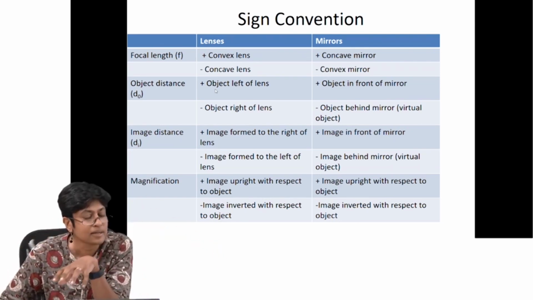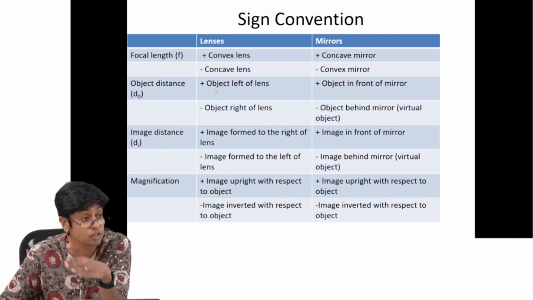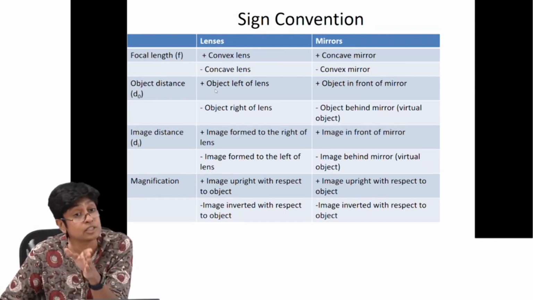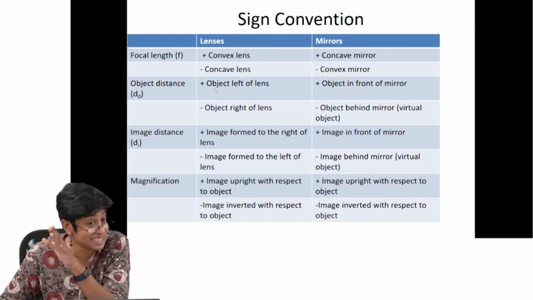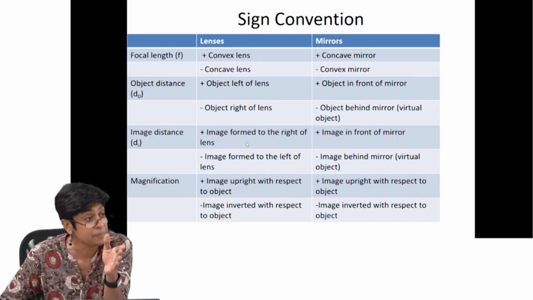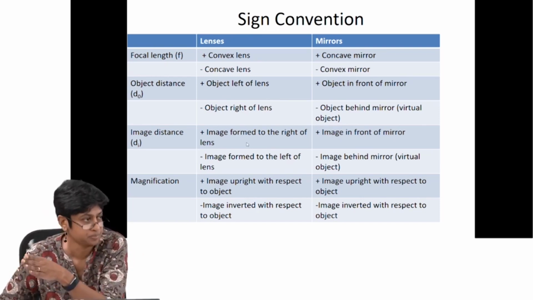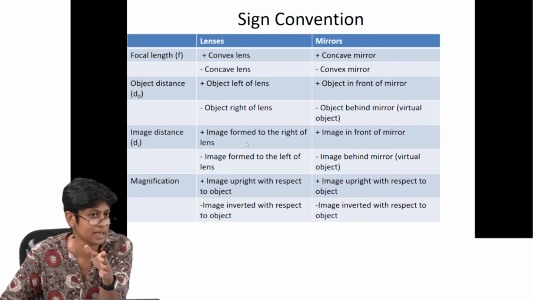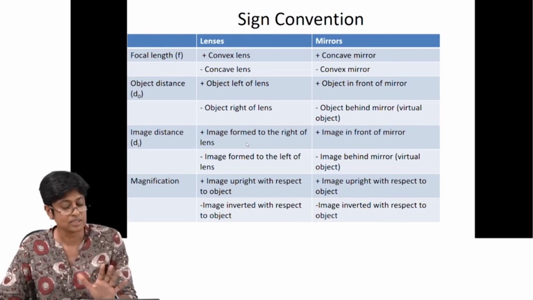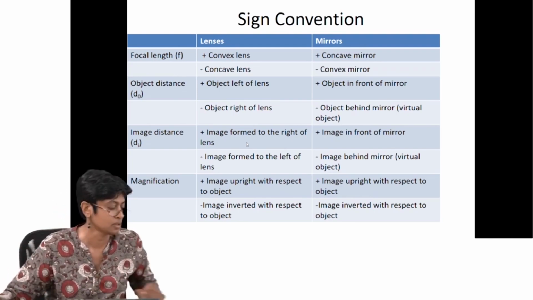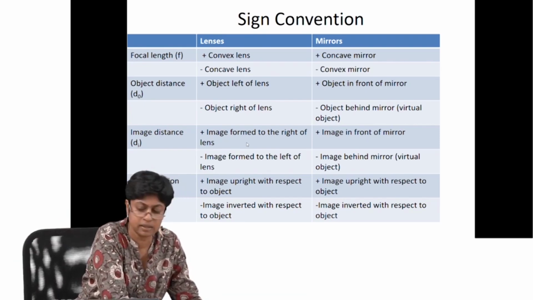If the object lies to the right of the lens, its distance is negative. The reverse is true for the image. If the image forms to the right of the lens, it is positive. If the image forms to the left of the lens, it is negative. That's really what's important for you right now. Keep this convention in mind.